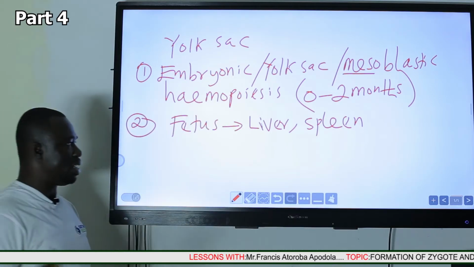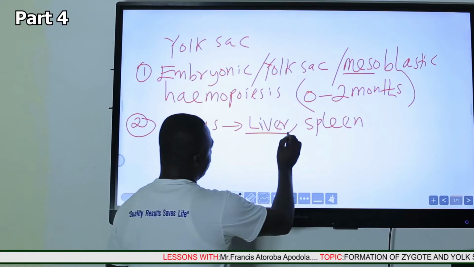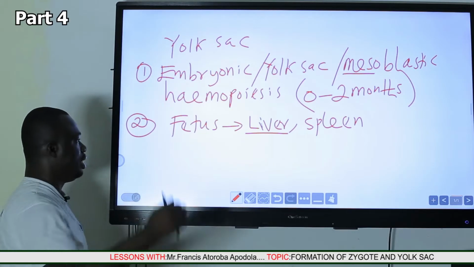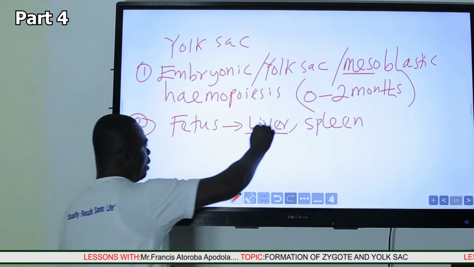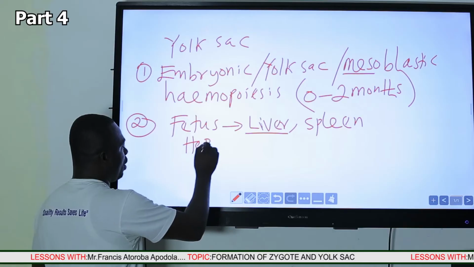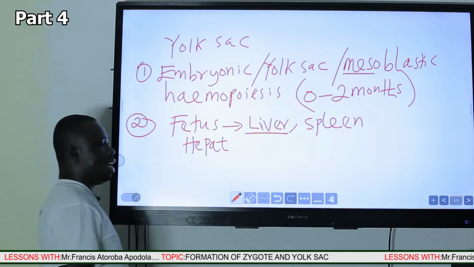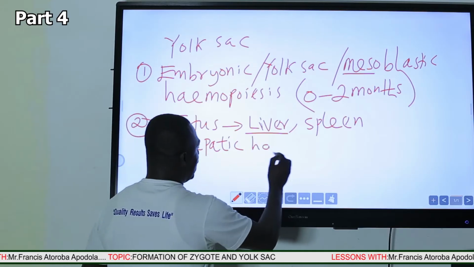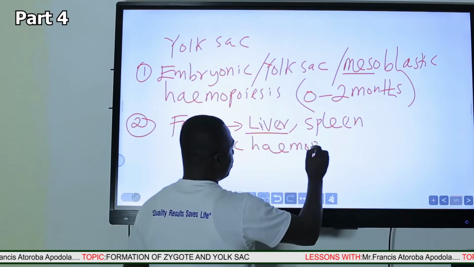Because much of the blood cells are coming from the liver, this hematopoiesis in the fetal stage is named after the liver. And the liver in medical language is called hepat. And therefore hematopoiesis occurring in the liver is called hepatic hemopoiesis.